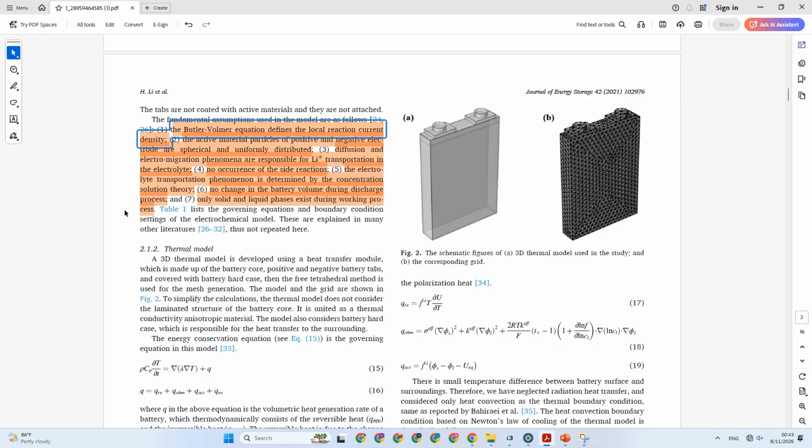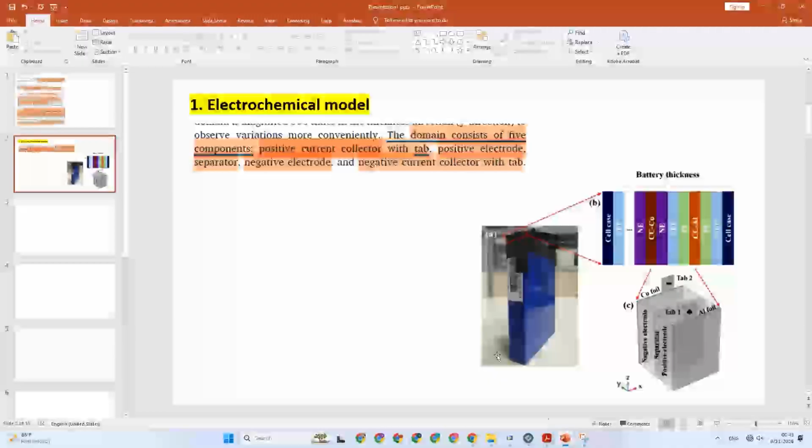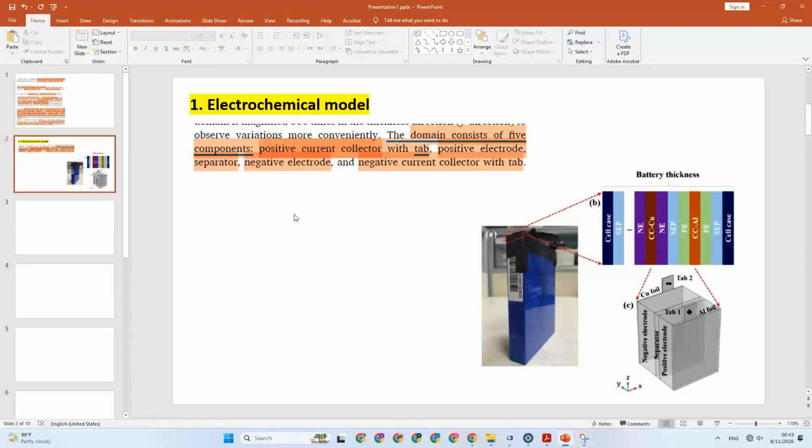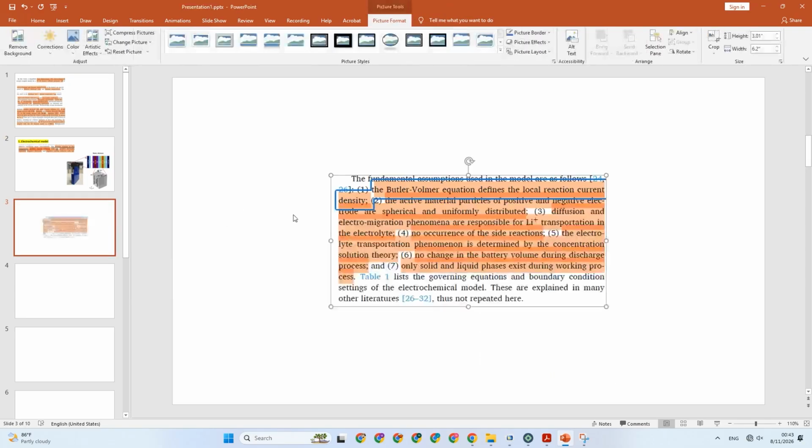I hope the author would repeat it here, but they don't. It's just a screenshot of this. I can copy it and bring it here.